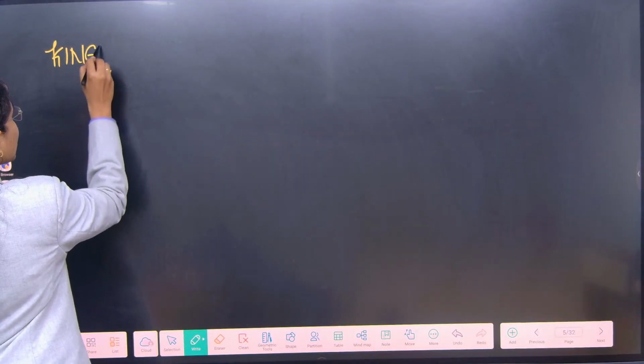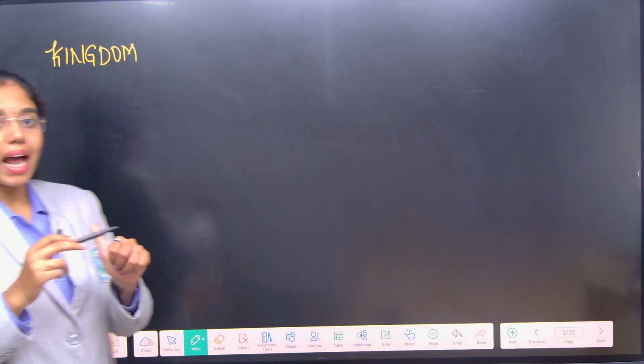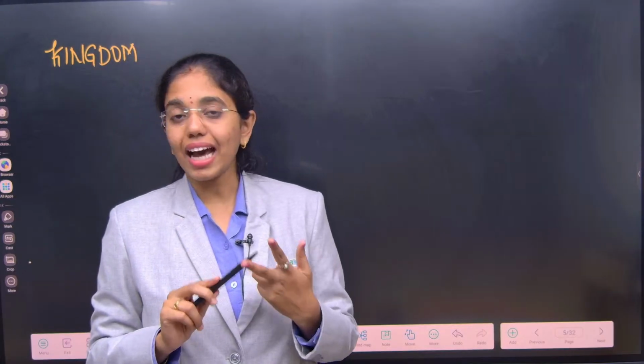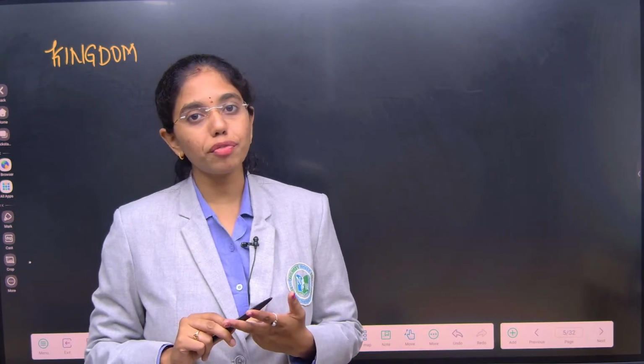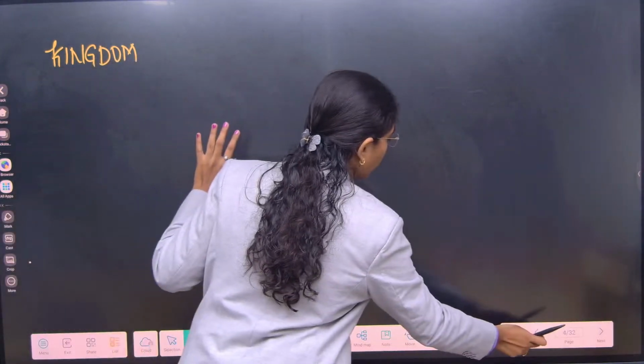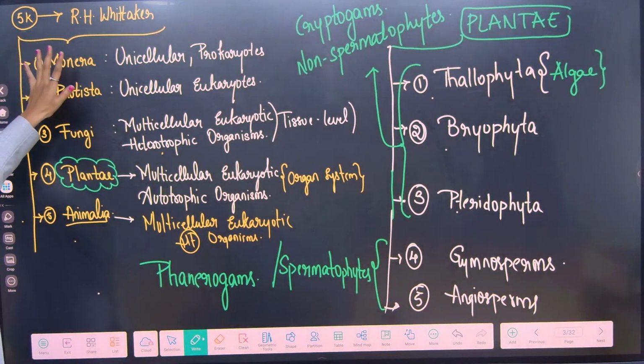If these basics are clear to you, then you can deal with plant kingdom happily, morphology happily, and from NCERT 12, sexual reproduction of flowering plants also gets easy for you. That is the reason I am giving you the complete basic picture, starting from the 5 kingdom system of classification.